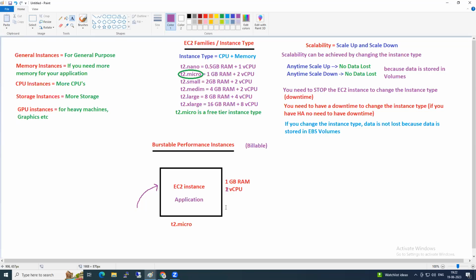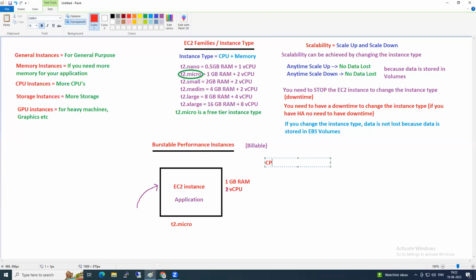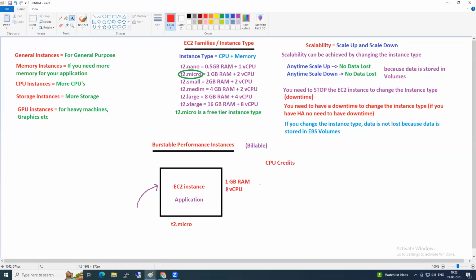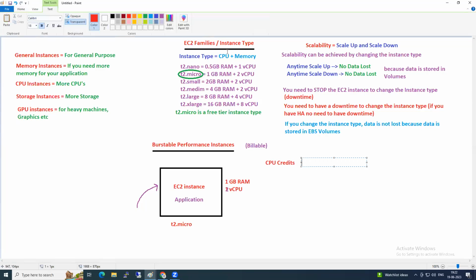So in that case, AWS gives something called CPU credits. What is that? AWS will give you some CPU as credits in the runtime. Are these 2 CPUs sufficient? No. But AWS will give you, for example, 6 CPU credits.